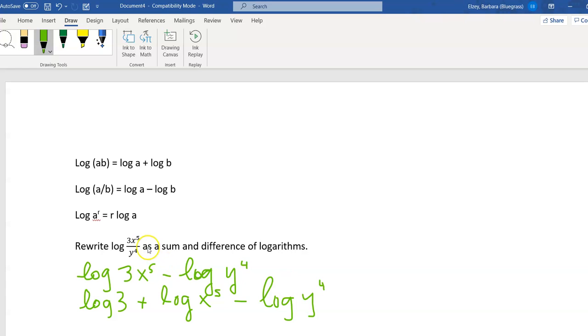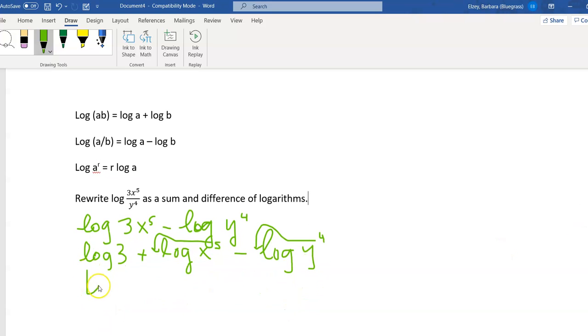Okay, now lastly, we have this rule that says if we have something to a power, we can bring the power to the front of the logarithm. Let's notice there's a 5th power right here, so we're going to bring it out here. And there's a 4th power out here, so we're going to bring it out here. So we're going to end up with log 3.